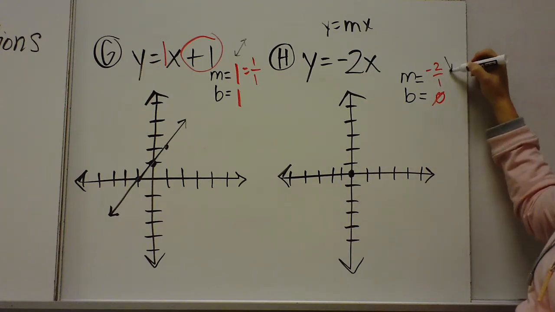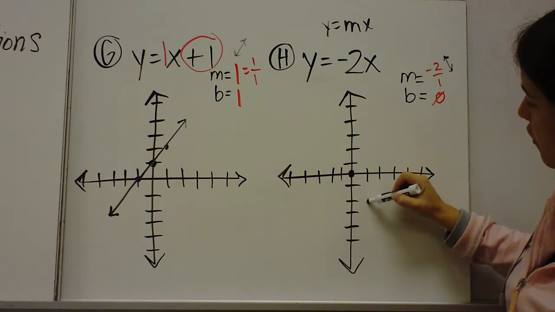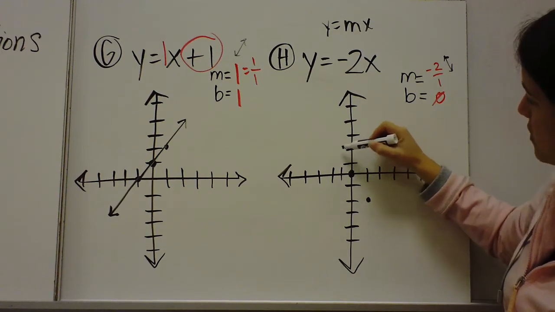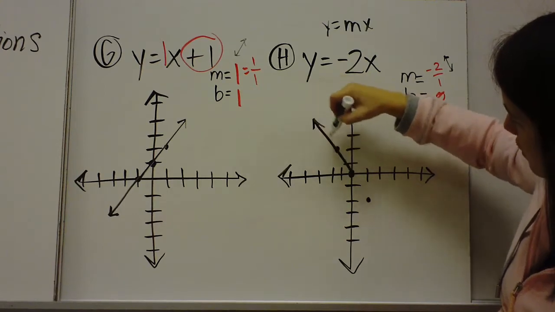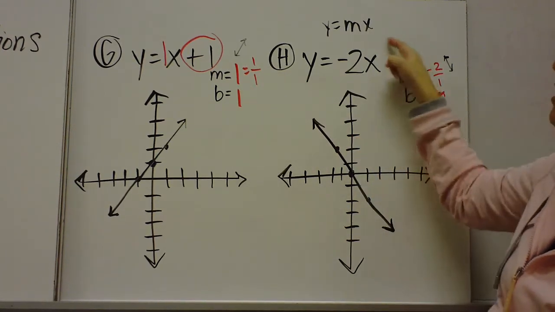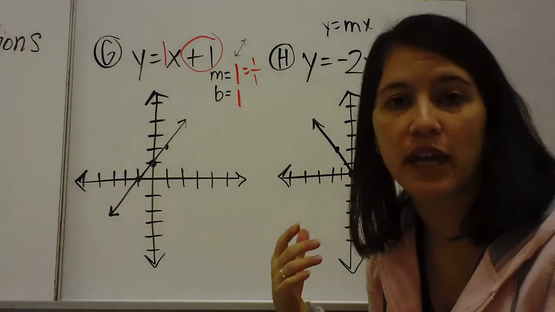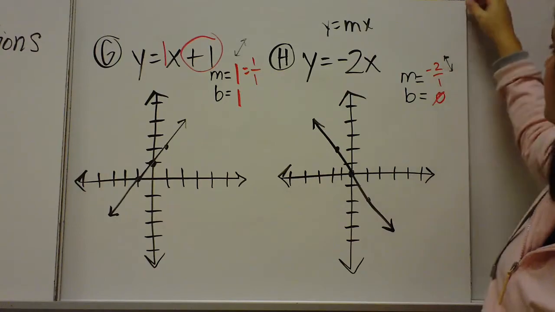And then this is a negative line. So we would go down 2 over 1 or up 2 over 1 to make our negative line. And notice the only thing different is there was no plus b. So that means your y-intercept was 0, 0, the origin.